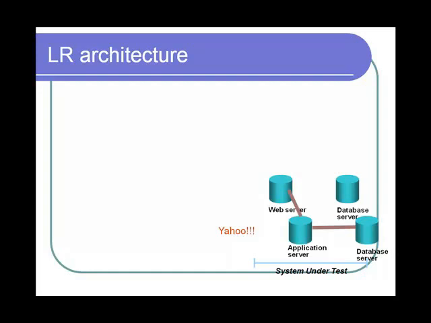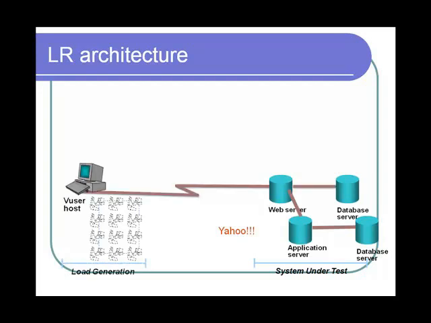This is achieved using the VU host component of LoadRunner. The VU host component is responsible for generating virtual users who emulate real user behaviors. The VU host machines generally are multiple PCs with a very high-end configuration, very powerful RAM and processing speed.